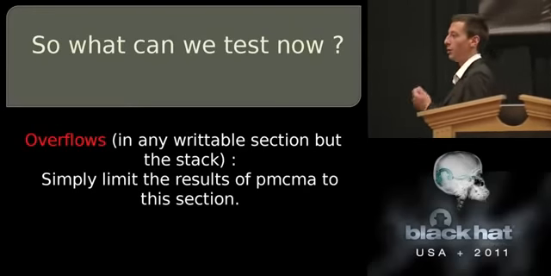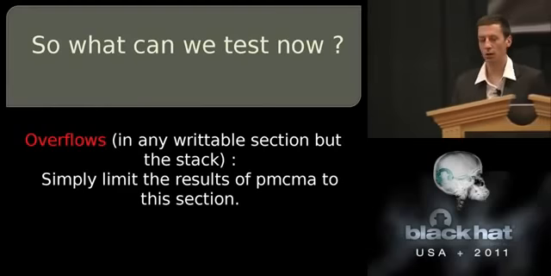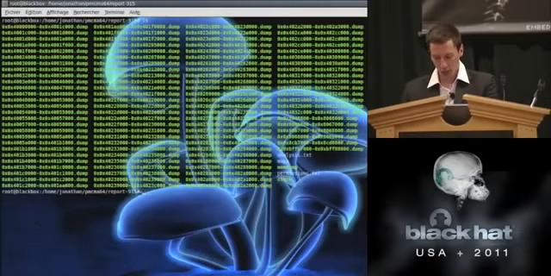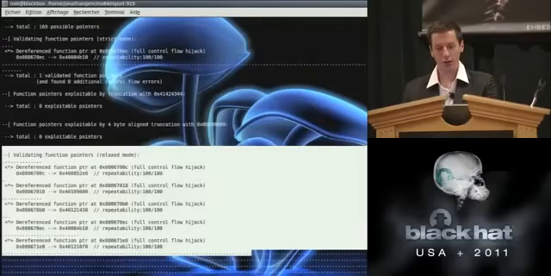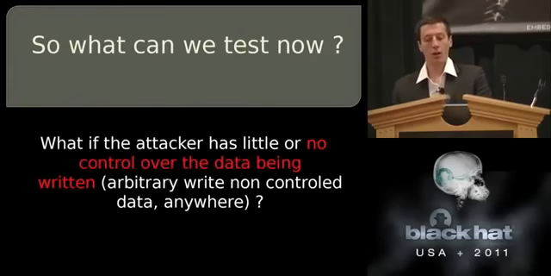Say you have an overflow in the BSS. Can you overwrite a function pointer in the BSS? The tool is able to check that too. How do you do it? Basically you take the output of our previous analysis and truncate it to the section you're interested in, and that's it.